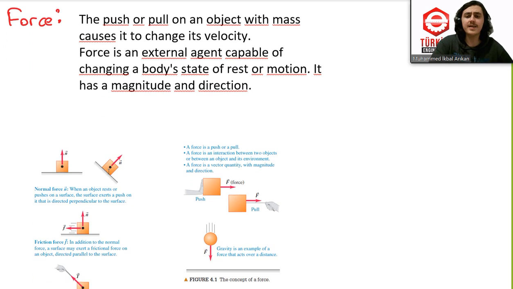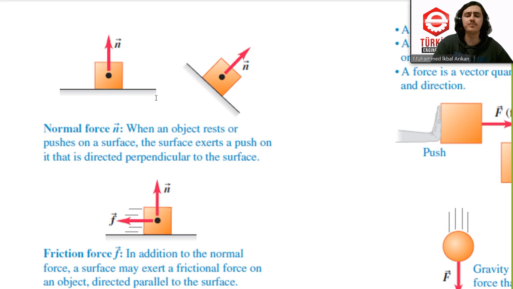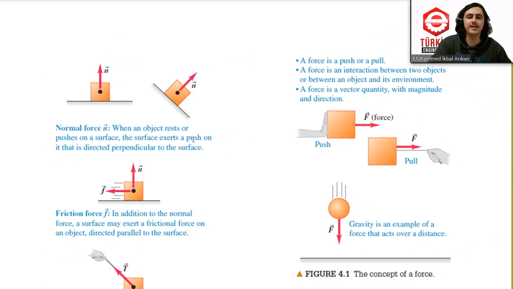So, let's look at some types of forces. First, the normal force, which comes from the ground. When you apply your weight to the ground, you are pushing down. So, why are you not accelerating down? There is a force, but you are not accelerating, because there is a normal force acting on you upward, which balances your weight, so you will not accelerate.